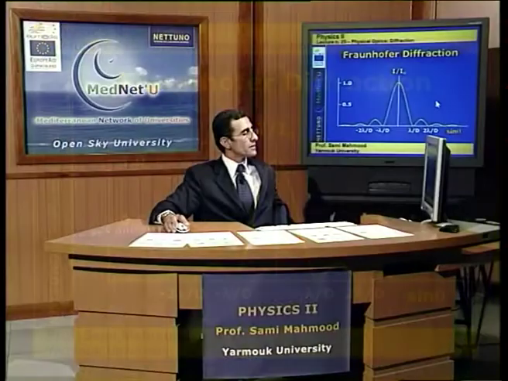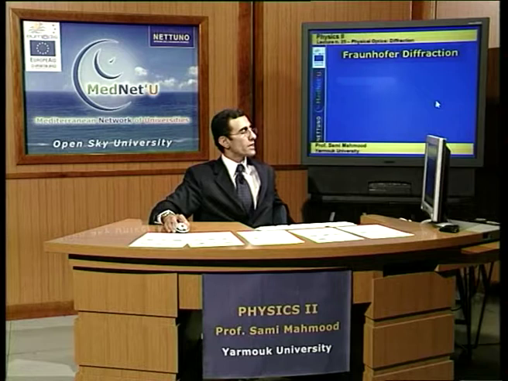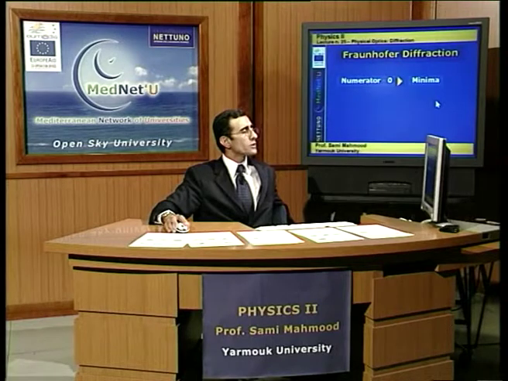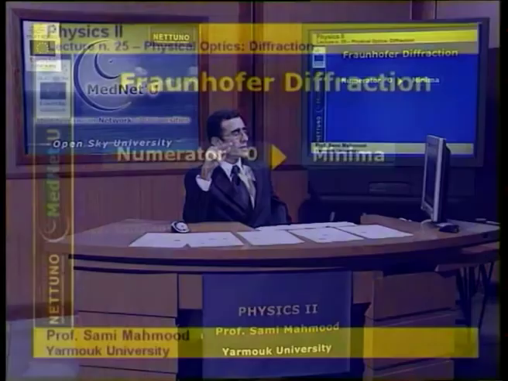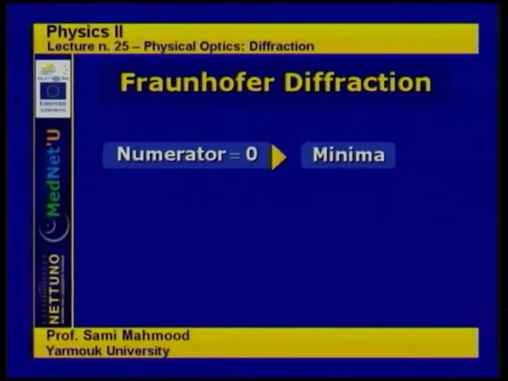And if we take the numerator equals to 0, the minima in the pattern are determined from the fact that the numerator is equal to 0. This gives us minimum intensity.